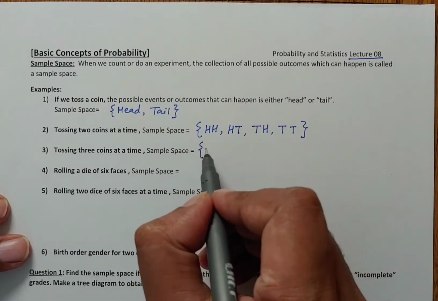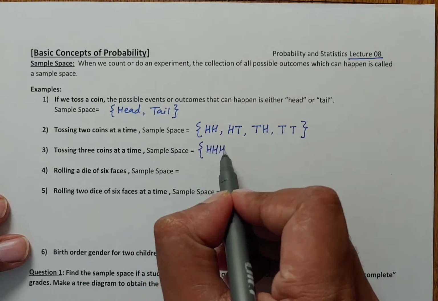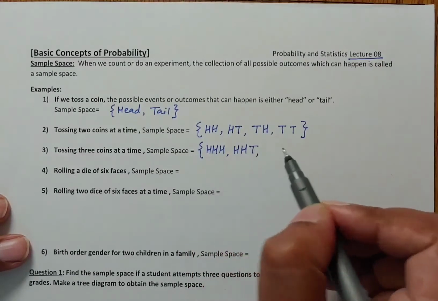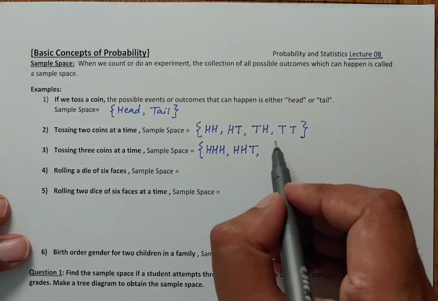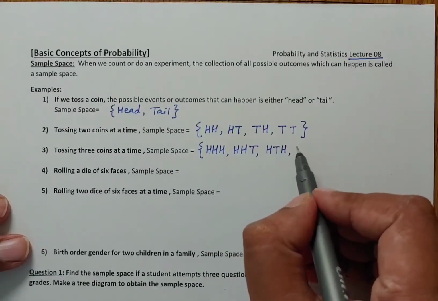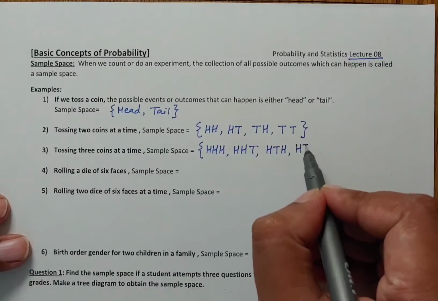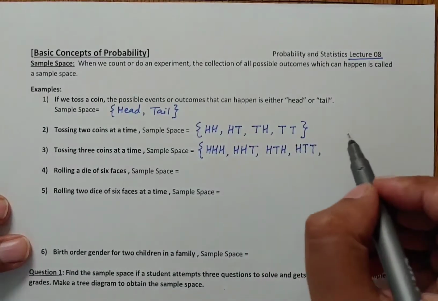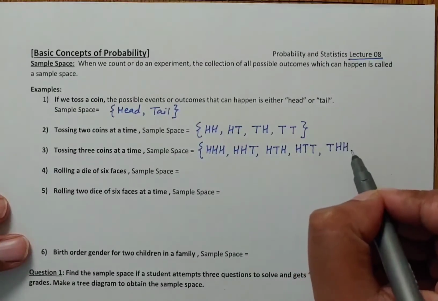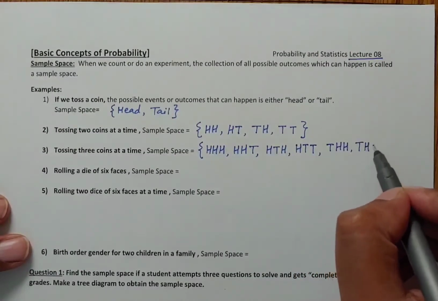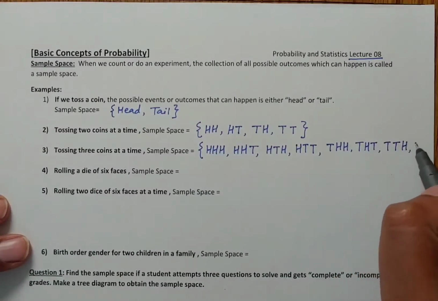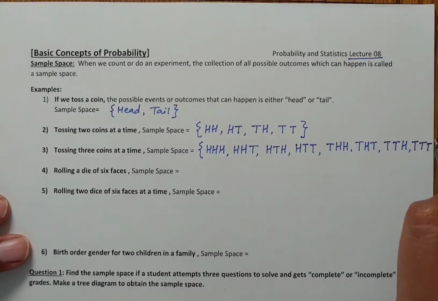When you toss three coins at a time, you can get head, head, head; two heads and one tail; head, tail, head; head, tail, tail; or the first coin tail and the other two head; tail, head, tail; tail, tail, head; and tail, tail, tail.